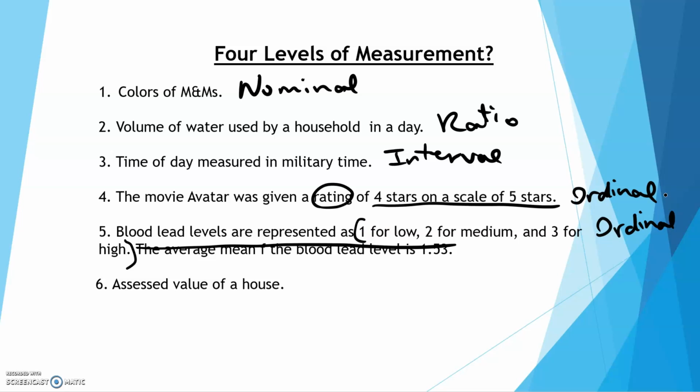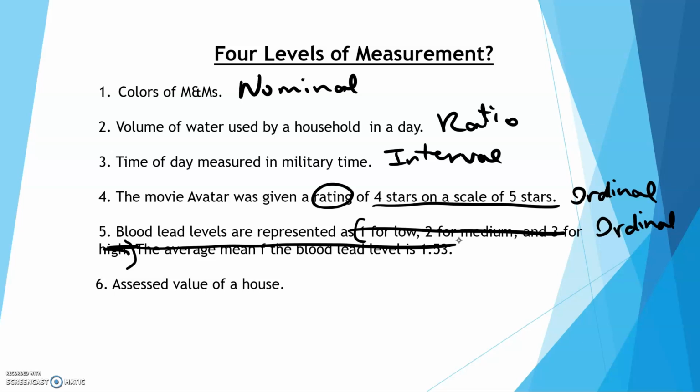Okay. Now, if I had gotten rid of this right here, and we were just looking at blood lead levels, well, since we didn't put it into a ranking, it can be whatever number it would want to be. So that would actually be ratio, because if you looked at 0 lead in the blood, do you have lead in the blood?